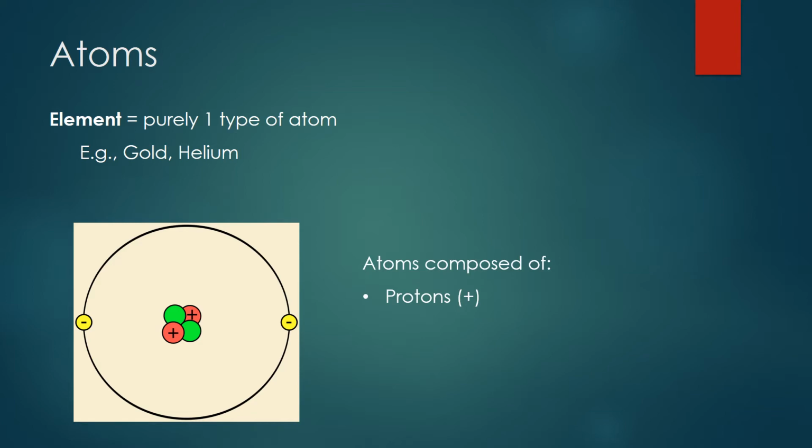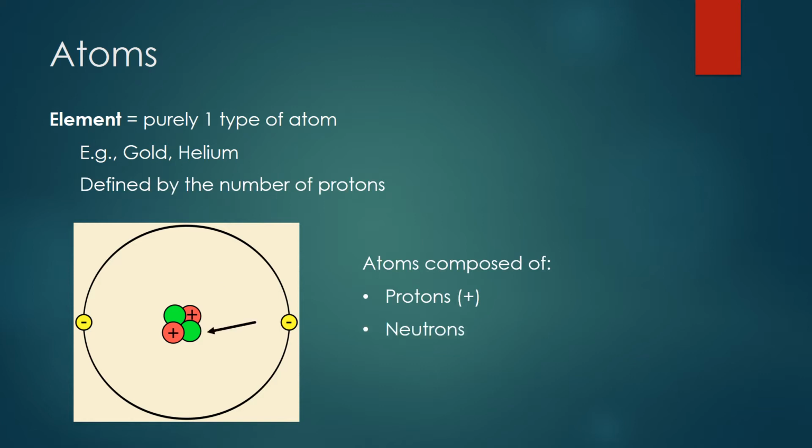All atoms, like this cartoon one, are composed of 3 subatomic particles, including protons, which have a positive charge, represented by the pink blobs here. And each type of element, its identity, is defined by the number of protons contained in its atoms.